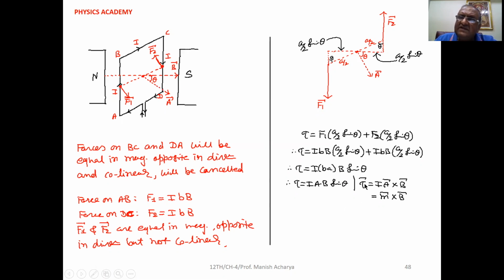Now the previous theory we can easily understand with the help of the special case of this one. In the first theory we discussed this thing. The loop or the coil is placed in such a way that area vector is perpendicular to the magnetic field. So here if you substitute theta 90, sine 90 is 1, then torque is IAB. In the previous theory we discussed that thing. Clear? So easily you can understand from this one also.